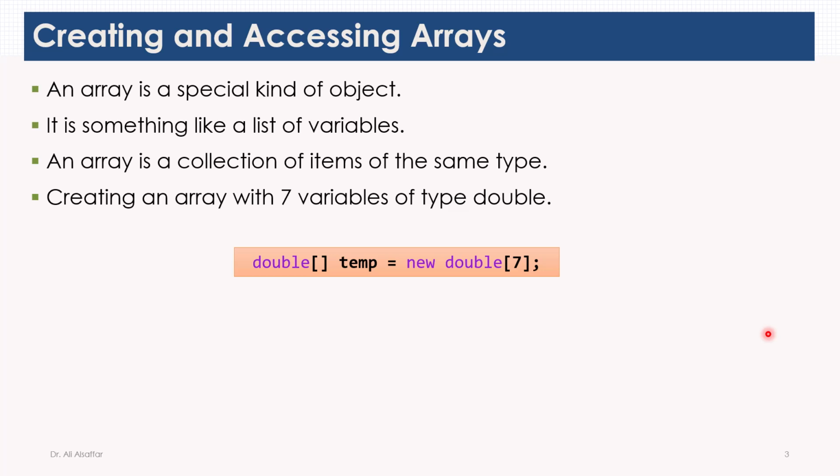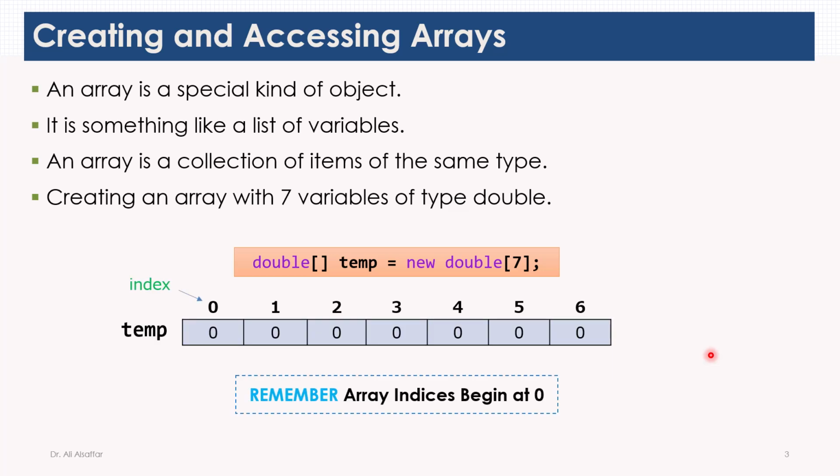After declaring the 7 variables of type double as an array, how is this array represented inside the memory? We may illustrate the array inside the memory as a block of double variables listed one after the other, such that all variables are labeled by the group name, which is the name of the array, and each variable inside the group is assigned a location.